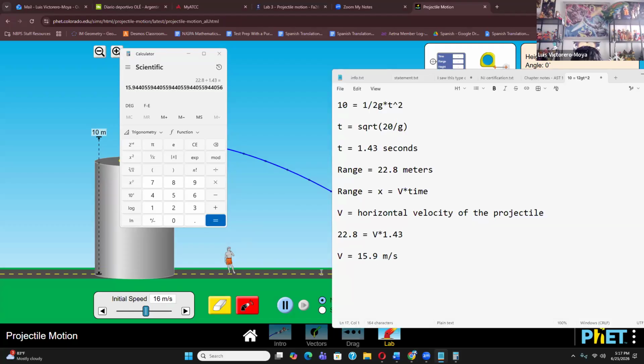So you have to perform an error percentage, which you know is just the absolute value of the theoretical minus experimental, divided by theoretical, times 100%.